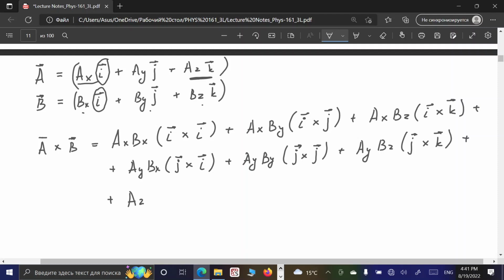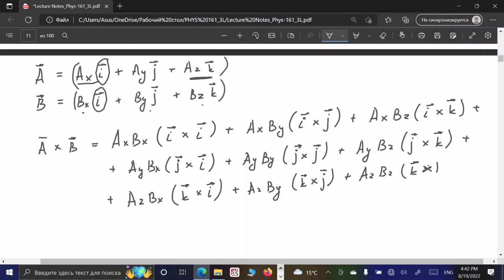So it will be az times bx, here is k unit vector times i unit vector, plus az times by, k unit vector cross product j unit vector, plus az times bz, k unit vector cross product k unit vector. Okay, we are done with this.